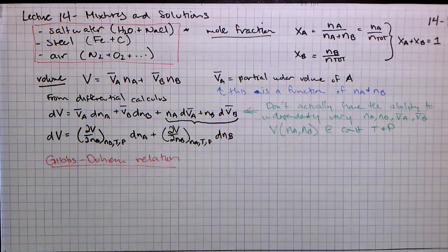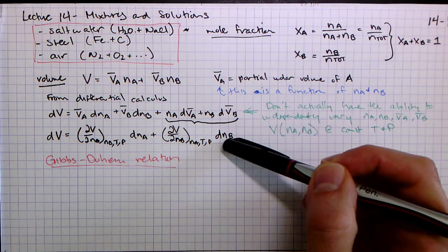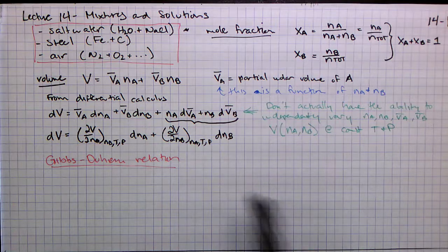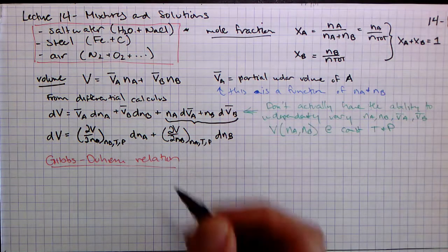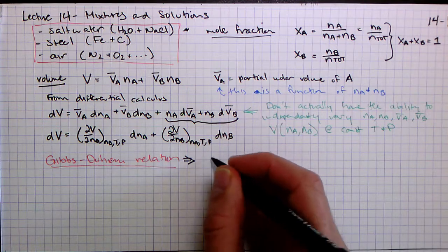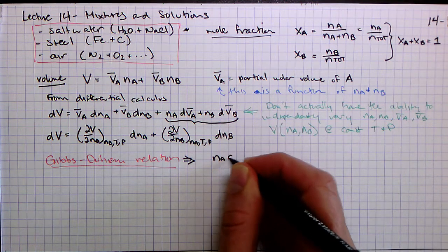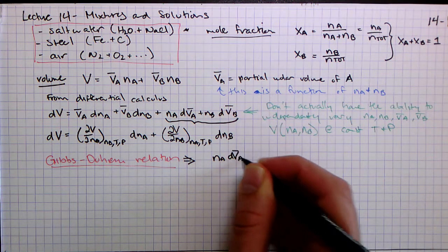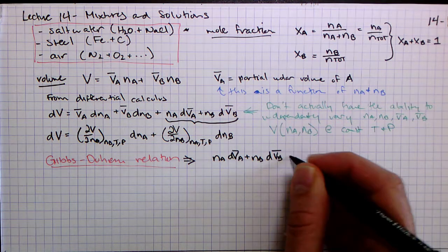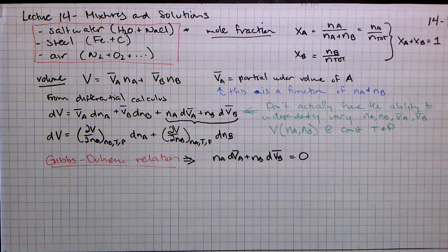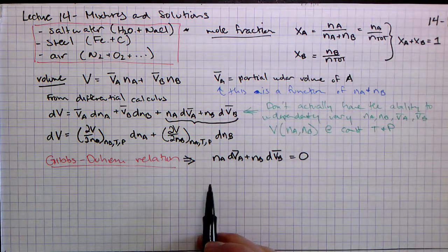And the Gibbs-Duhem relation says that when we have a situation like this, this must be 0. And so the Gibbs-Duhem relationship in this case says that NA dVA plus NB dVB must be 0 in order for these two both to be satisfied.